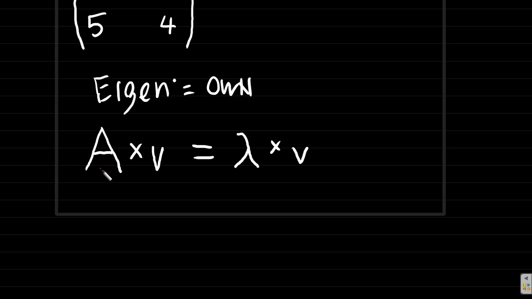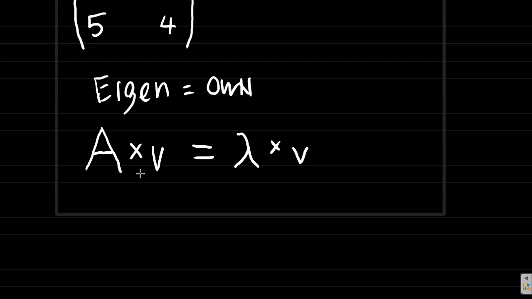So the matrix has a value, its own value, which we call the eigenvalue. Eigen, German for own. Alright?